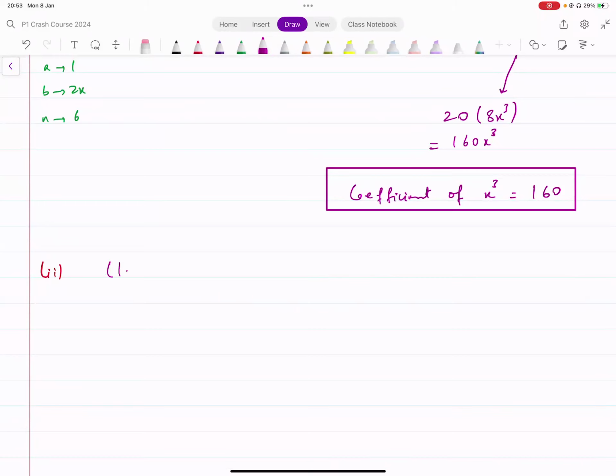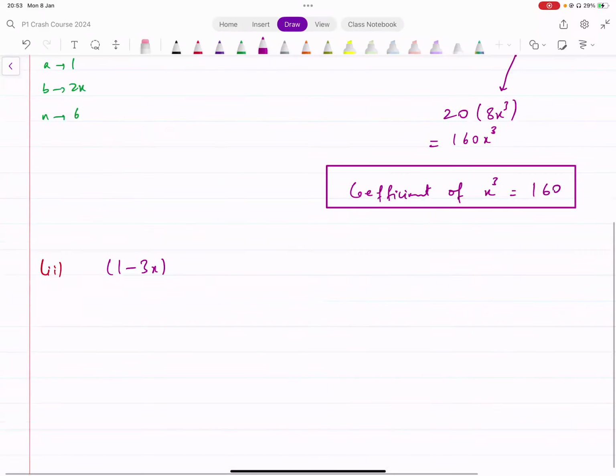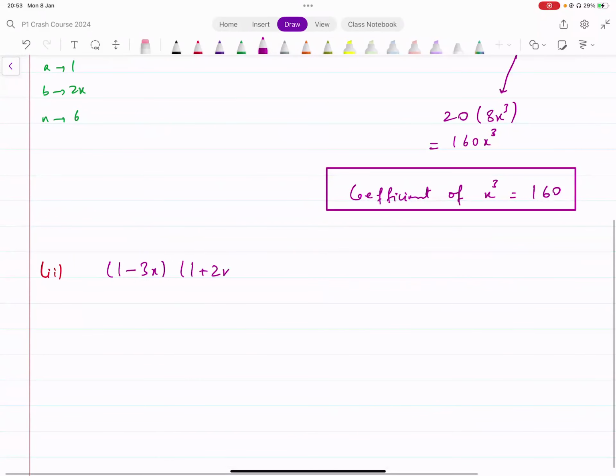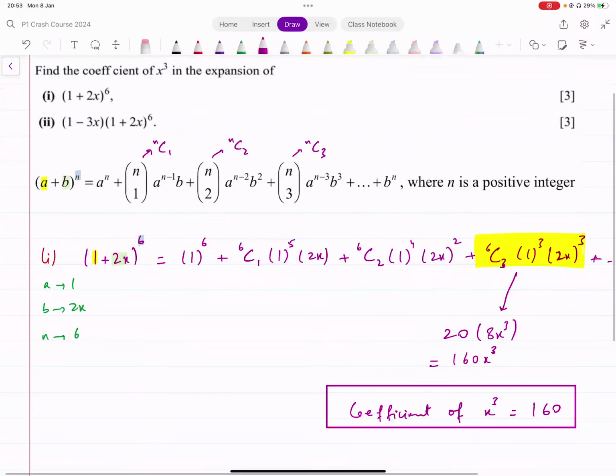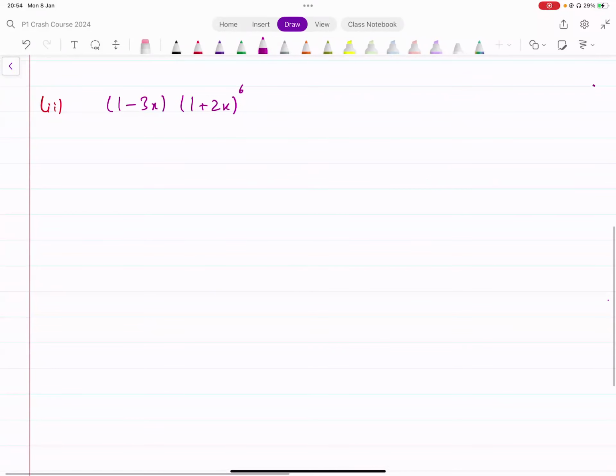One is 1 minus 3x, and the other is 1 plus 2x whole raised to the power 6. Okay. What we are looking for is the coefficient of x cube. That is what we are looking for.